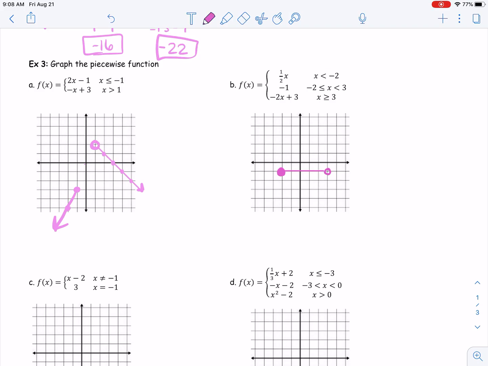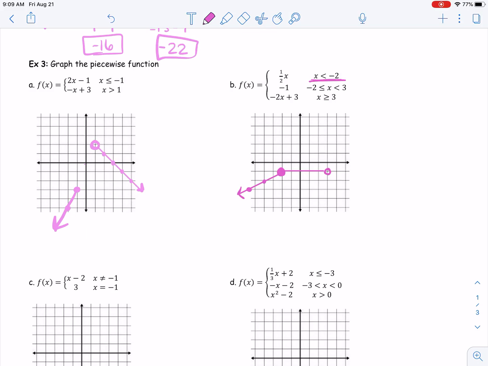Now, from there on, I can continue using my slope. Remember, I'm going to the left because I want those x values less than -2. So my slope is 1/2, so instead of going up 1/2, I can go down 1 left 2, down 1 left 2. And so I'm going this way. And so now you can kind of see this piecewise function being strung together.